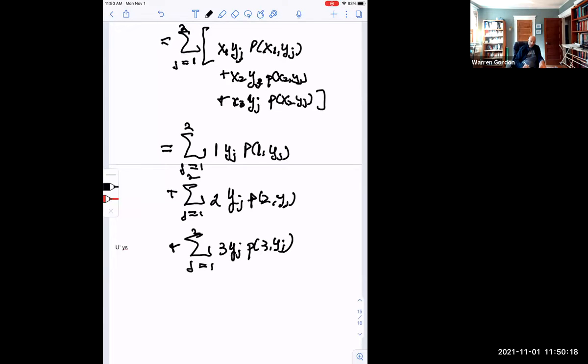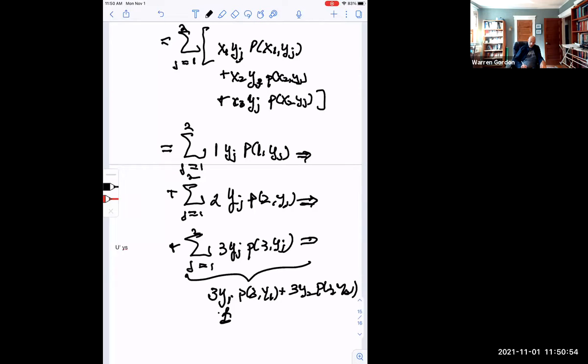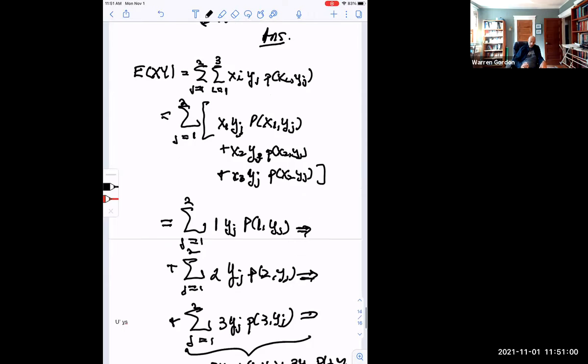So now I have to compute this sum, and there are going to be 2 more terms. 2 terms here and 2 terms here. So for example, suppose I did this one. Well, let me get rid of the sum. I would get 3y1 p of 3y1 plus 3y2 p of 3y2. And now, of course, y1 is 1, y2 is 2, p of 3y1, what is 3y1?